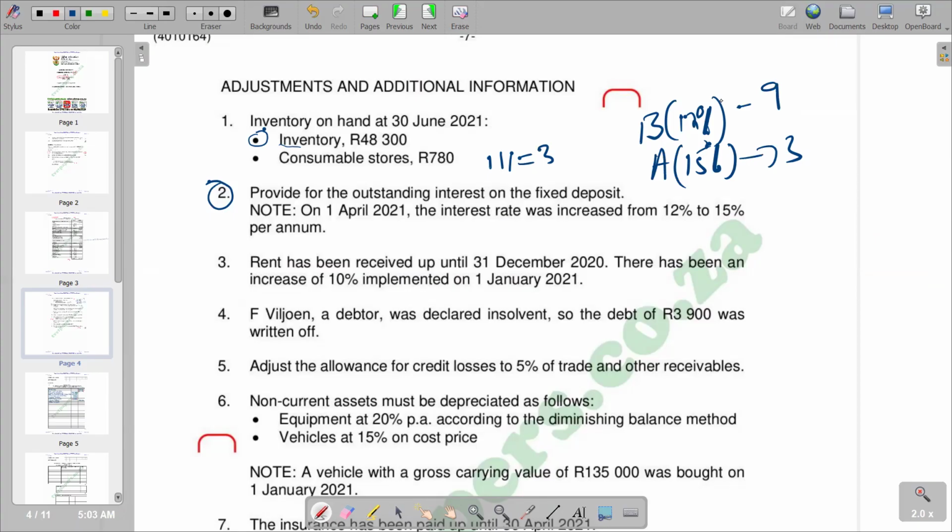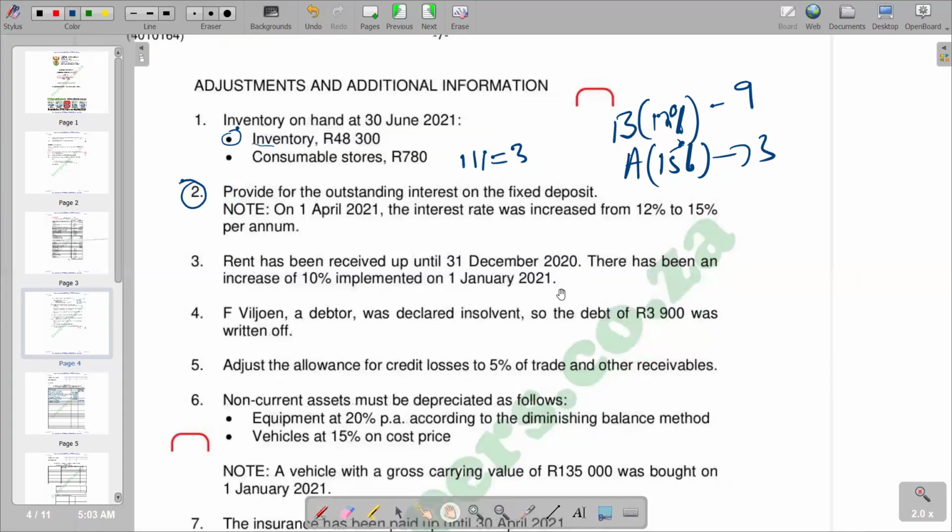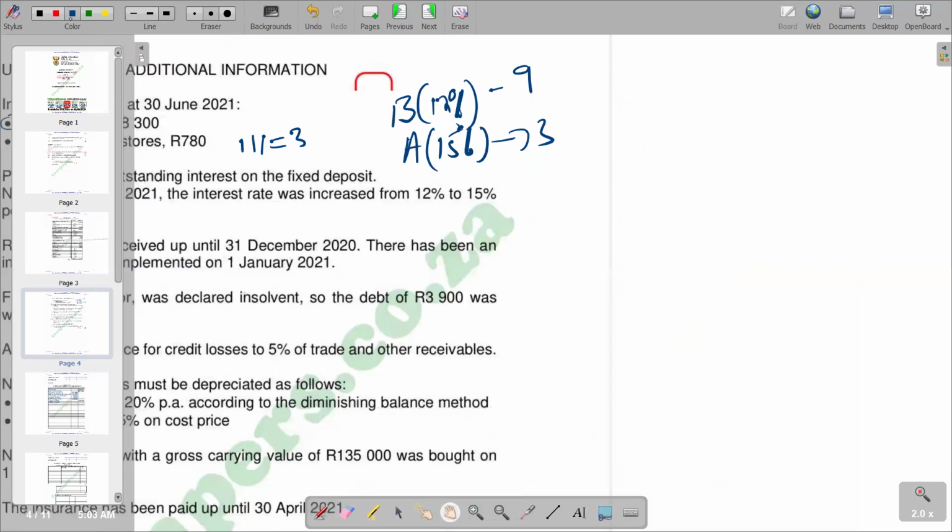The amount of the fixed deposit has not changed, so we are going to use the same amount, which is 200,000. For the calculation, we start with before: the fixed deposit is 200,000 at 12%, so it's 12 over 100 times 200,000.